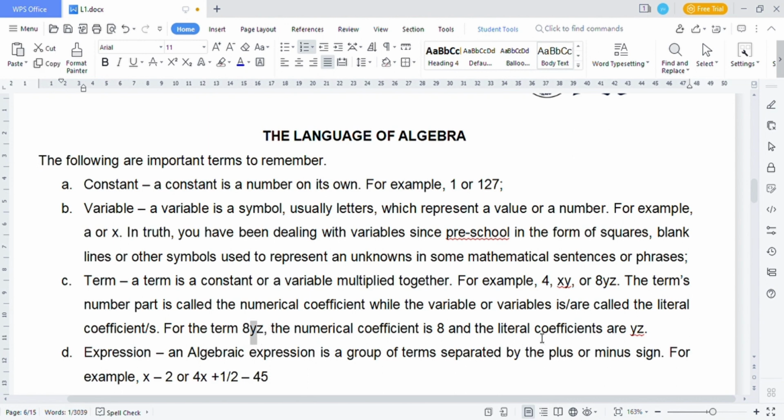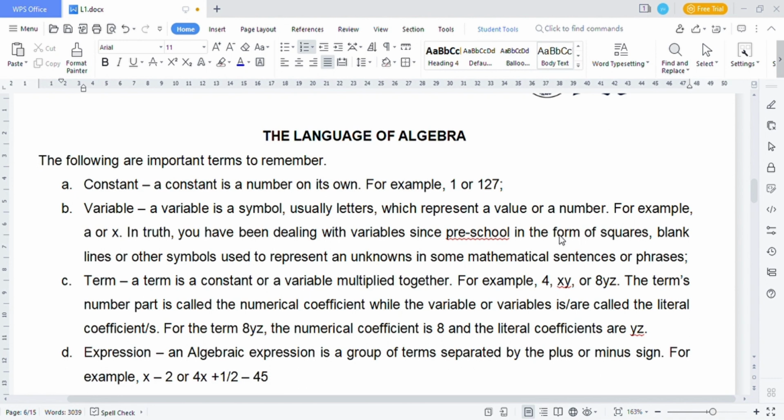Okay, how about for example 4x? What is our numerical coefficient in 4x? We're talking about numerical, we're talking about the numbers.